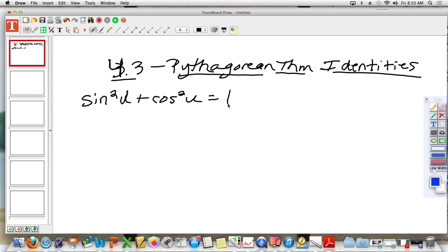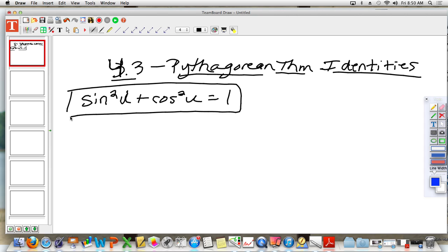But what I want you guys to recognize is that if we were to start moving things around here, put a box around this. This is kind of like the big head honcho Pythagorean Theorem identity. But using this identity, if you were to subtract the sine squared of u from each side, you would have that the cosine squared of u is equal to 1 minus the sine squared of u.